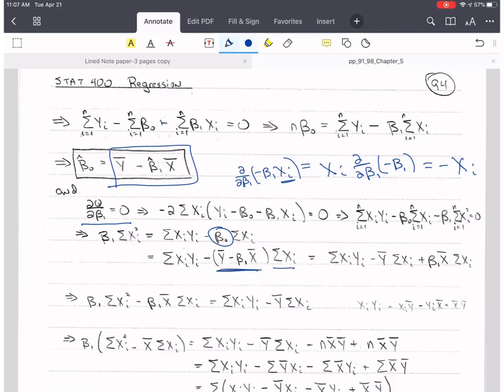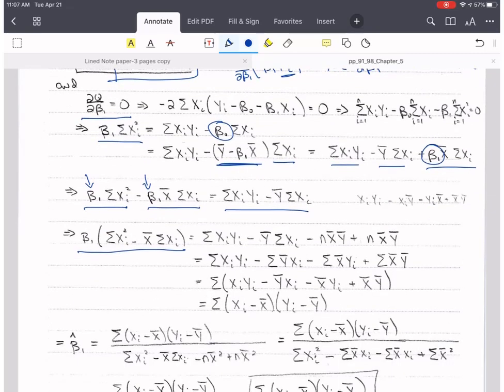And so then I distribute that. Then I pull all the terms that have beta 1 to the same side. So now I have this minus this, and I have this quantity. And what I can do is factor out the beta 1 from both of these, and that's what I've done.